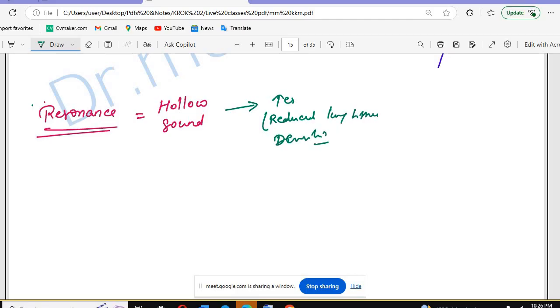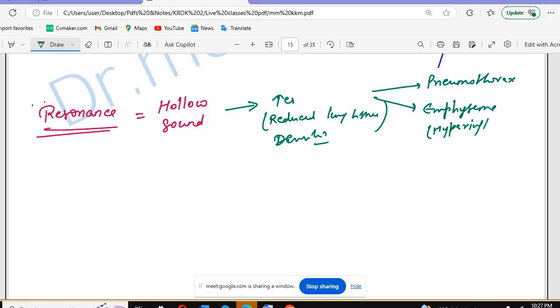It occurs in pneumothorax and in emphysema, which is known as hyperinflated lungs.